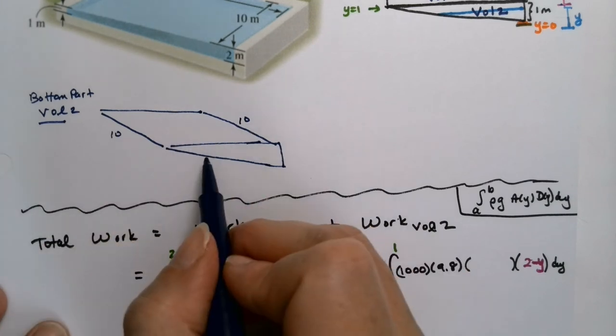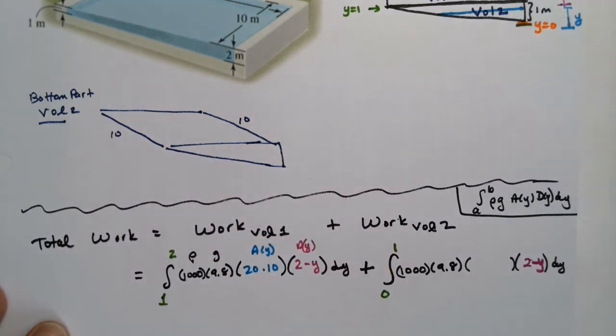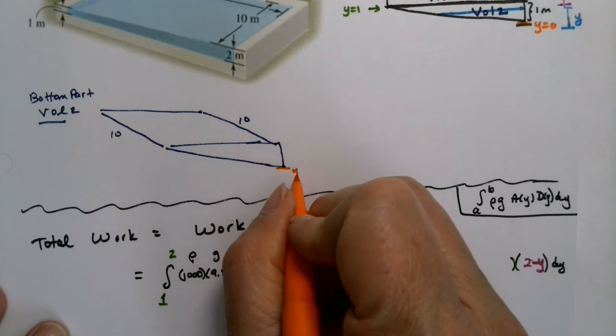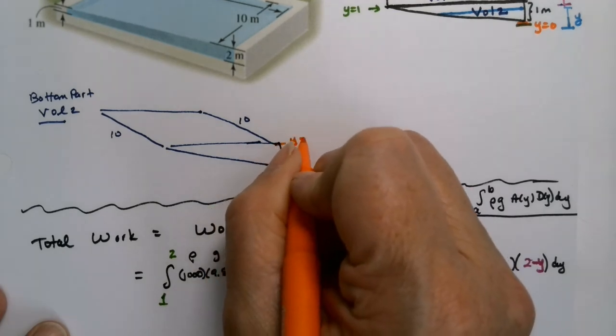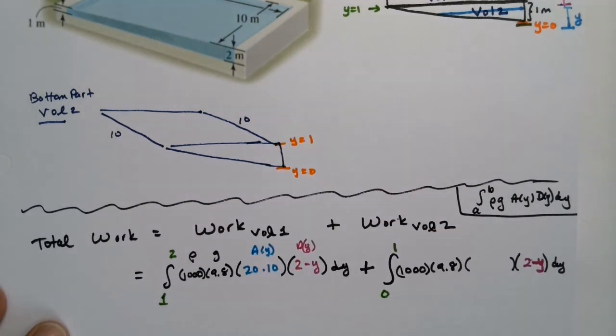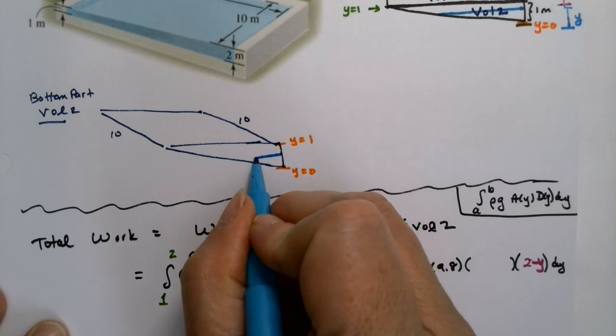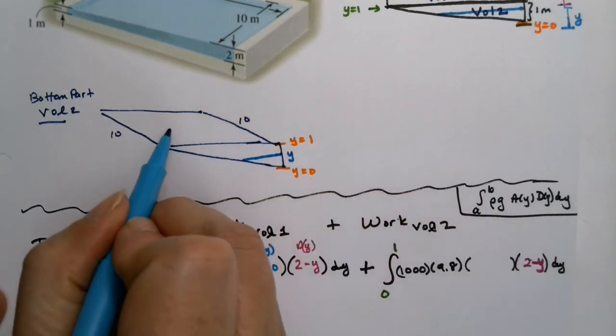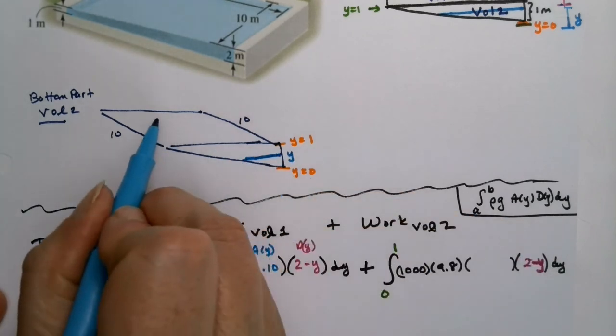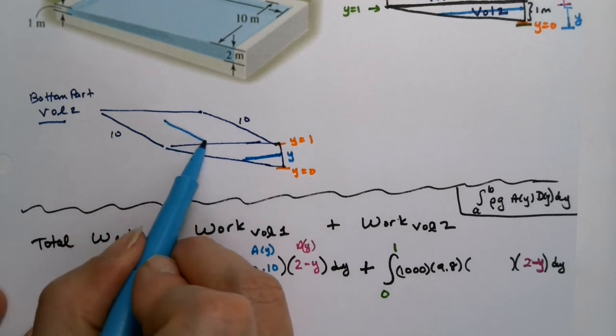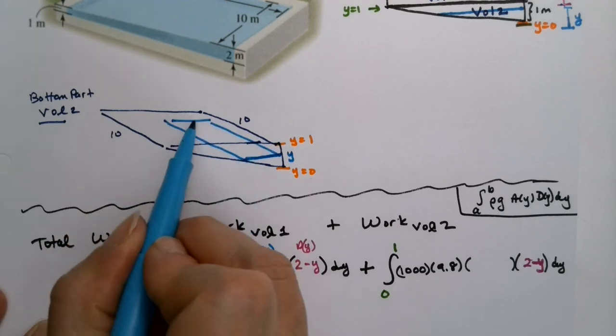But the question is the length, right? So if this is y equals 0 down here, and this is y equals 1 right here, then I need to be able to figure out the length for any y in there. So let me pick a y. Right there, then I have a depth of water in the pool, right? And I have a cross section.